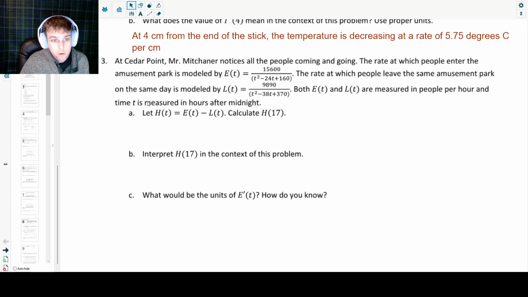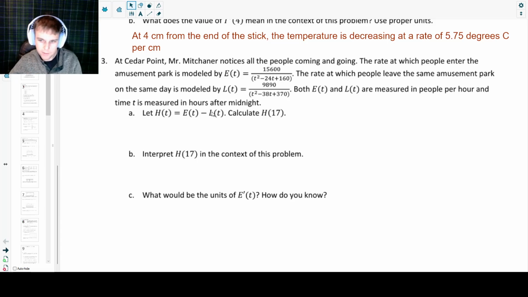We're going to create a new function, h of t. So let h of t equal E of t minus L of t. So we're talking about the rate at which people enter the park, minus the rate at which people are leaving the park. By subtracting them this way, entering minus leaving, we're getting a net change.